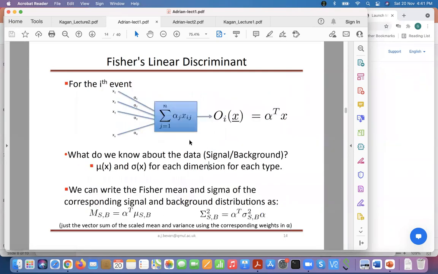And the way you do it, we discussed in the question of bias and variance. So here we define what you want, the so-called mean and the sigma of the final output distribution.